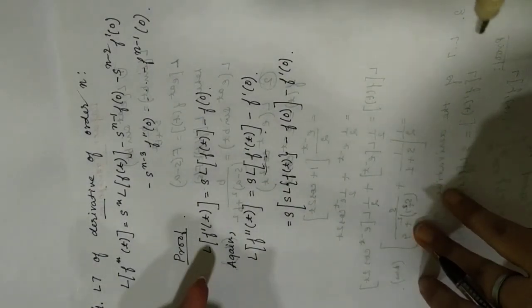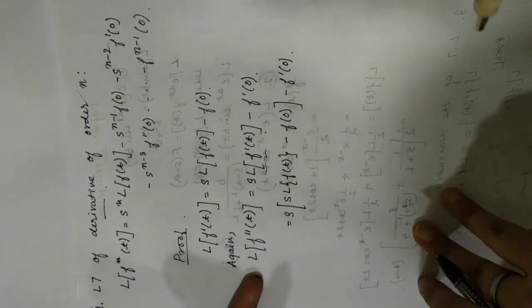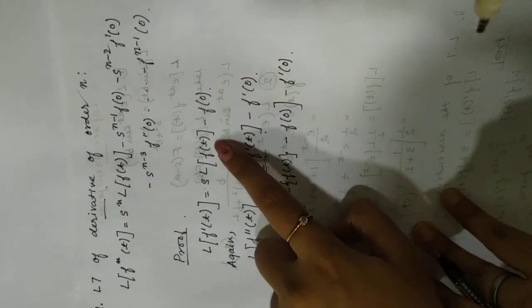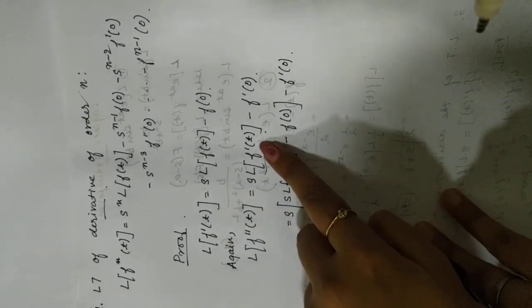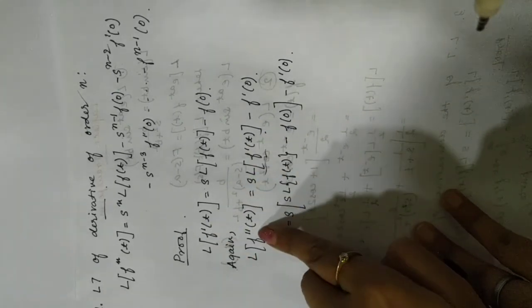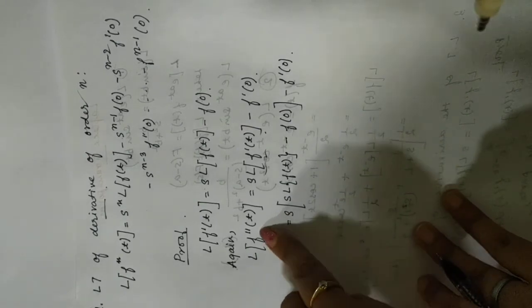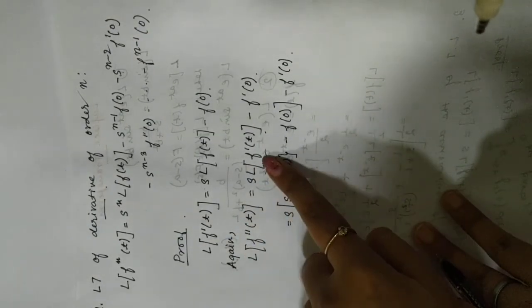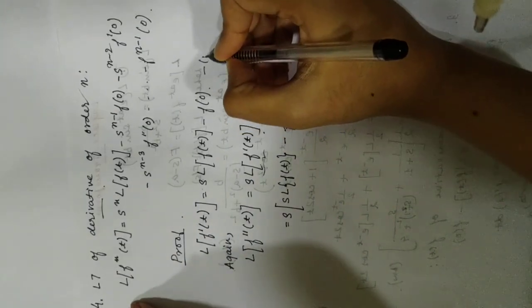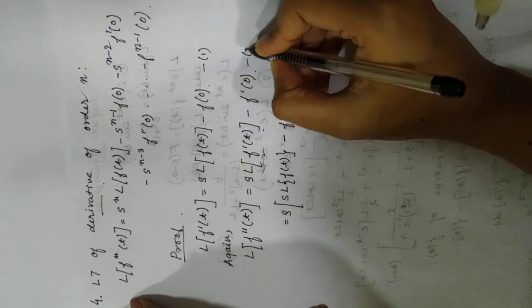So all we have done is we have taken the Laplace transform of derivative, then we have applied it for the second derivative, because like we have seen, we have the function over here and the derivative of the function over here. Similarly, we have the function over here, the function is f prime t and its derivative is f double prime t. It is understandable, right? Then we have substituted equation 1 in equation 2, right?